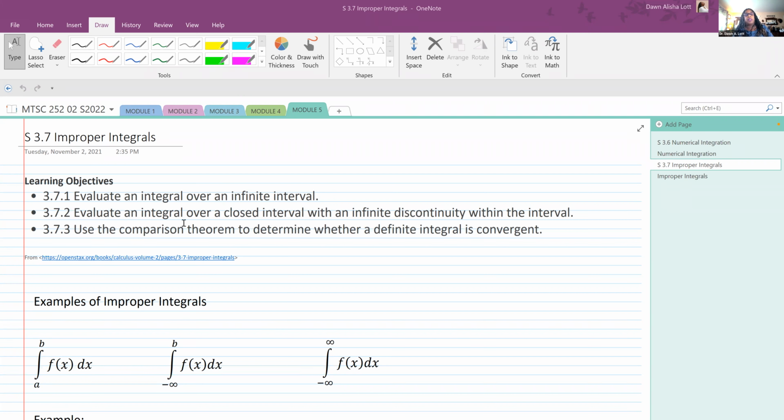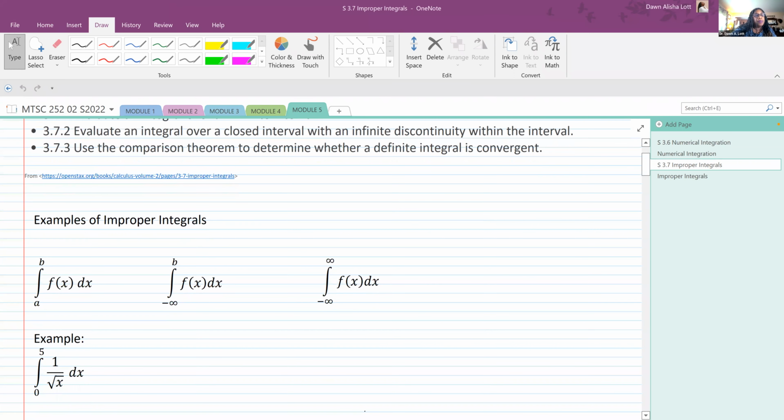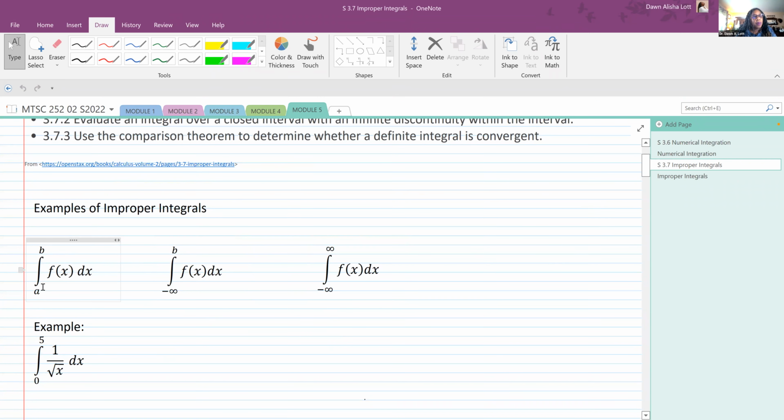And we're going to learn about the comparison theorem and see how we can use it to determine when an integral is convergent. Okay, so here's some examples of some improper integrals. The first being, and now I remember why this was wrong. This is supposed to go to infinity.